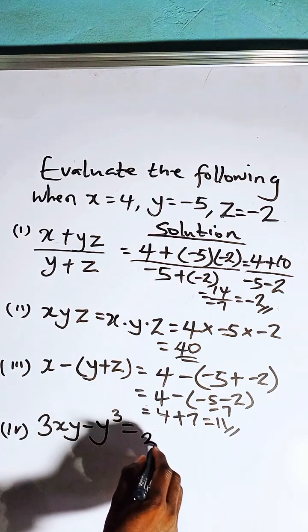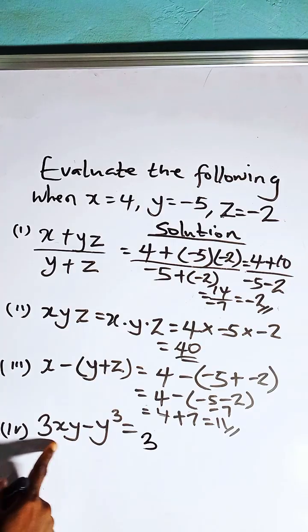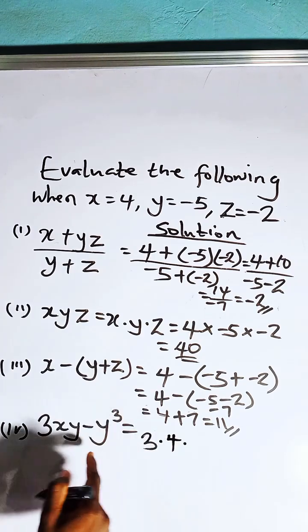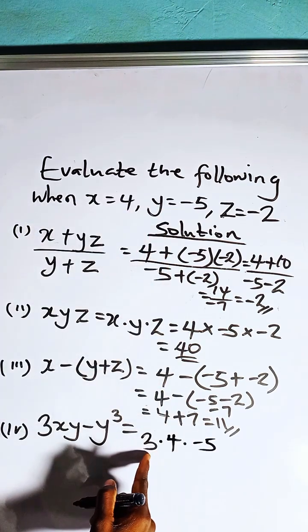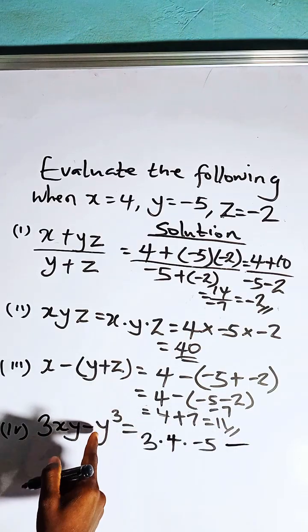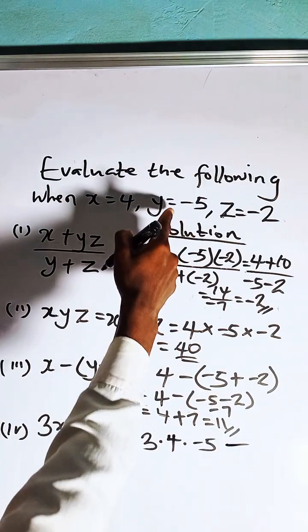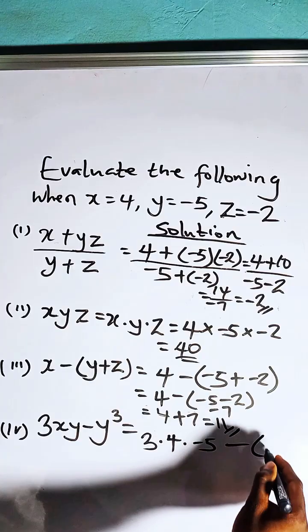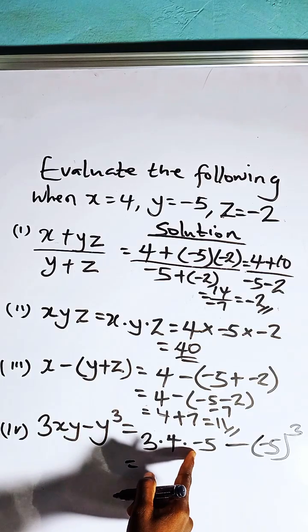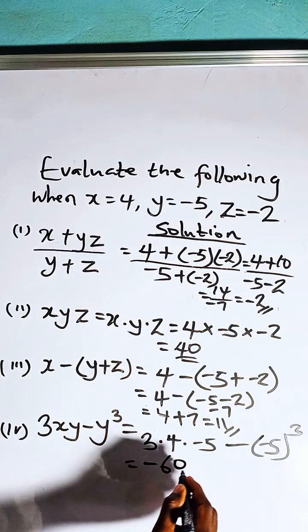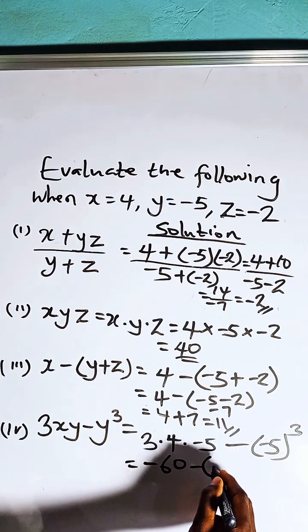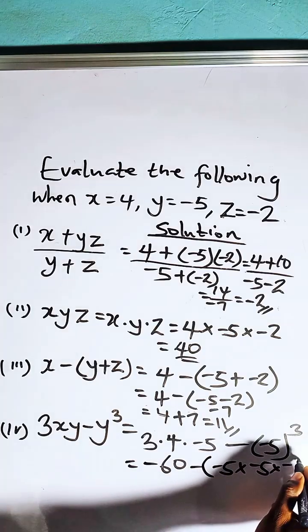So we have 3 times xy, and we multiply together: the value of x is 4, the value of y is -5. So 3 times 4 times -5, minus y to the power of 3, where y is -5, so we have -5 raised to the power of 3. 3 times 4 is 12, and 12 times -5 is -60. Then, in the parentheses, -5 to the power 3 means -5 times -5 times -5.